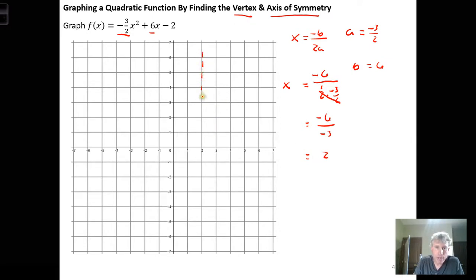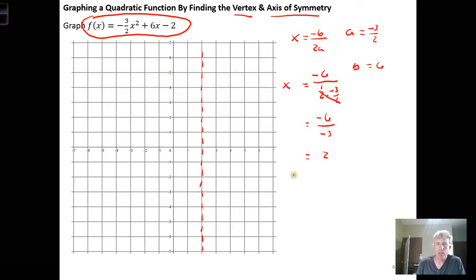So here's our axis of symmetry. When we get the axis of symmetry, it's easy to get 2 points on the graph very quickly. In fact, what we can get immediately is the y-intercept. We want to remember that the y-intercept, the intersection with the y-axis, happens when x equals 0.